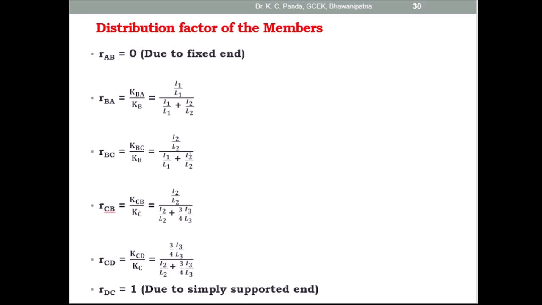So these are the distribution factors that you can find out when one end of the continuous beam is fixed and the other end is simply supported.